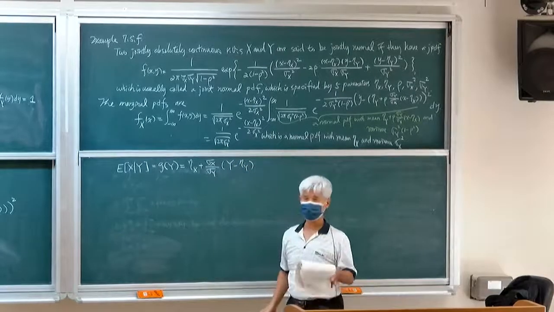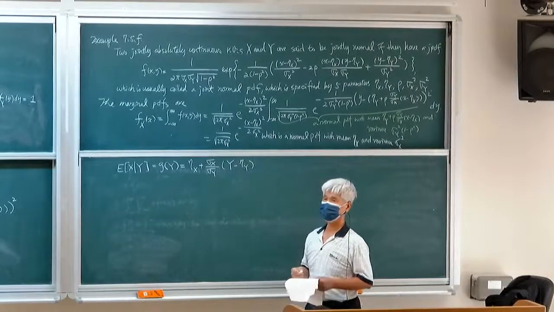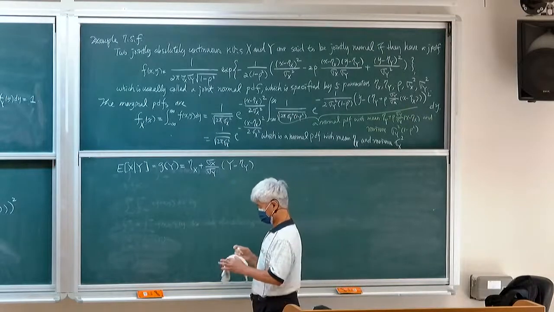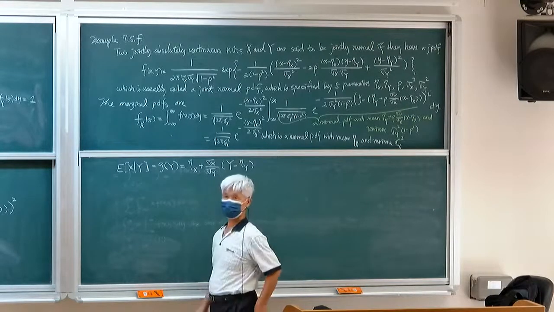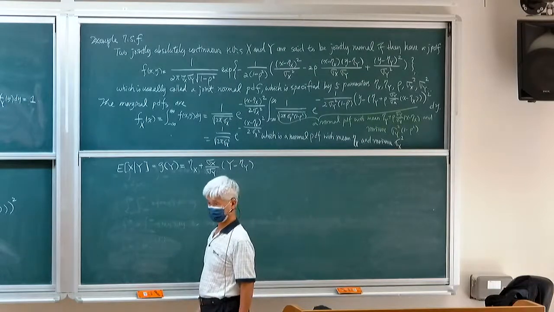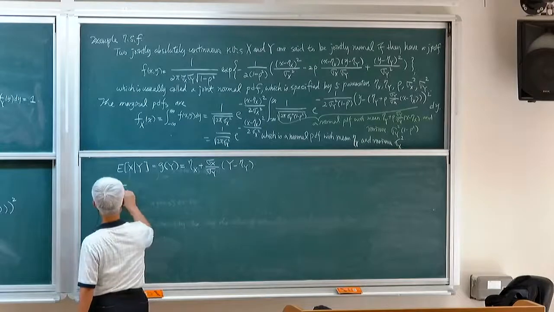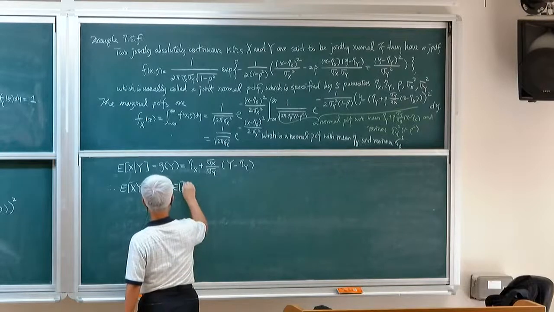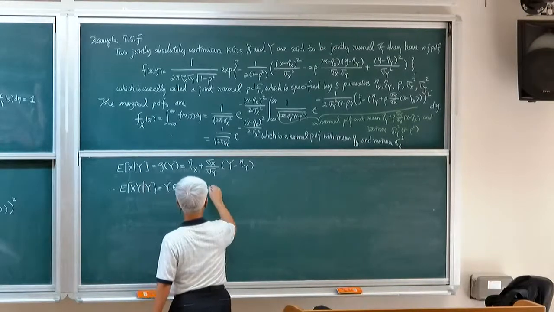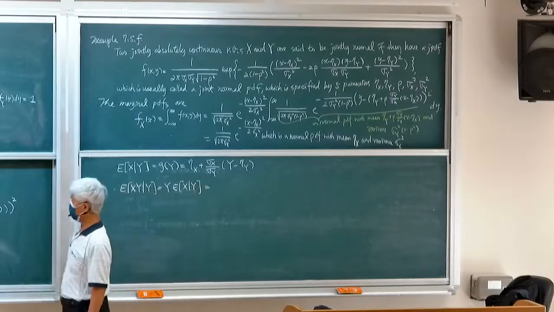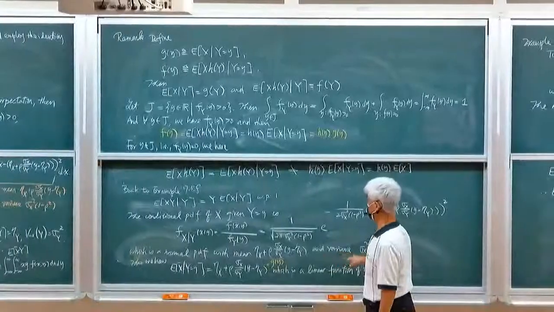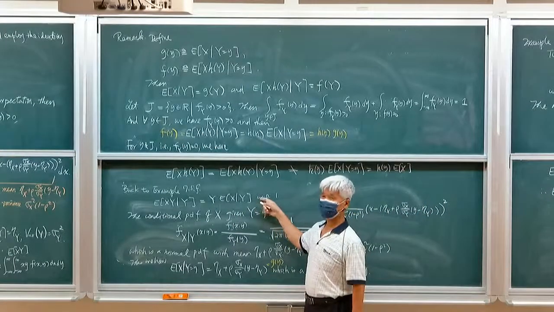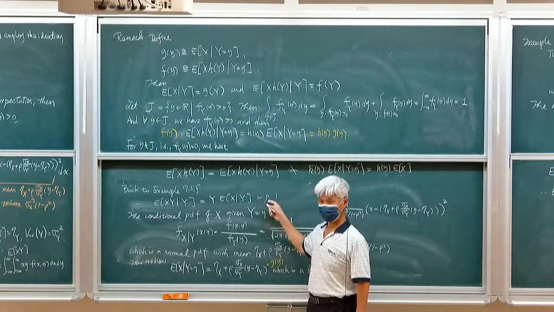Now the expectation of xy given y becomes y times the expectation of x given y, and from here you can see that they are equal exactly everywhere, not just with probability 1.